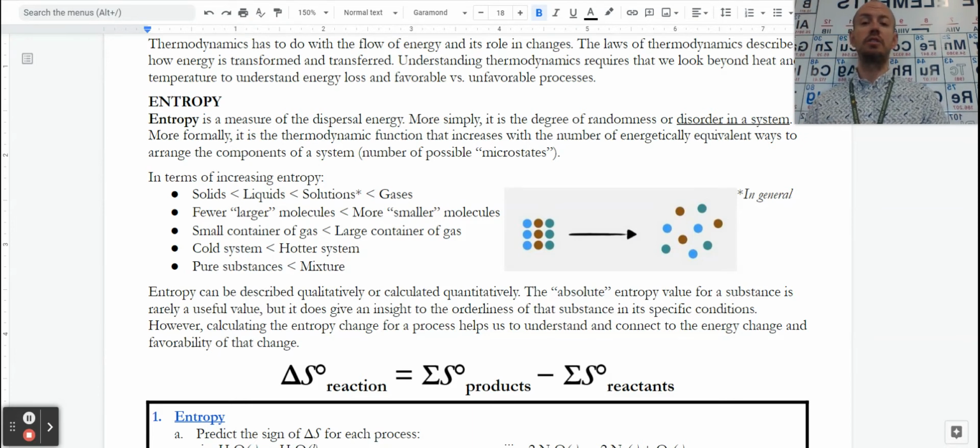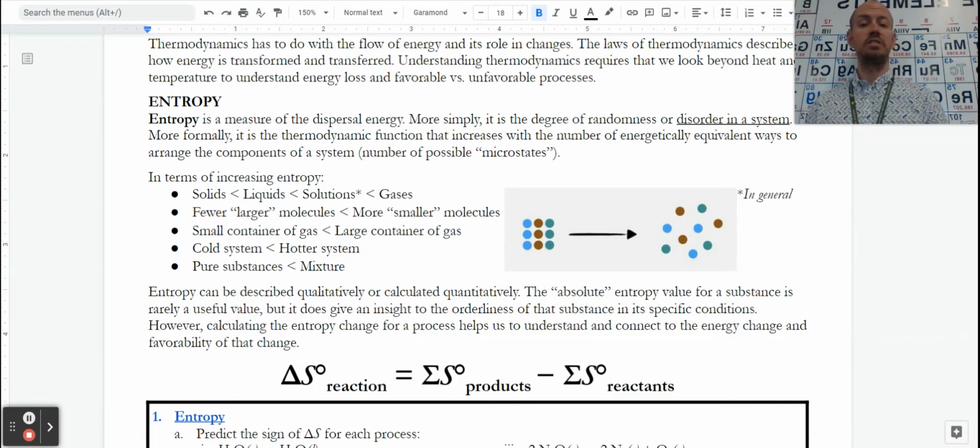Another way we can change the entropy is that when I have a big molecule, or just something that contains lots of atoms all connected together, and that breaks apart into its smaller pieces, like a decomposition reaction, those smaller pieces now have more ways that they can spread out and move around more randomly. When I change the size of my container, specifically for a gas, because for solids, liquids, and solutions the size of the container doesn't matter, but for a gas, now the particles can spread out more and can arrange themselves more different ways.